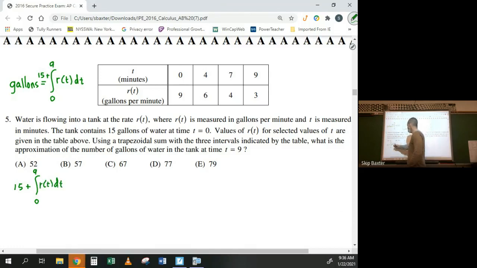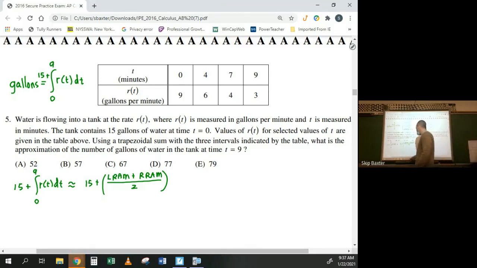But they're saying approximate that definite integral using a trapezoidal sum. So this is going to be approximately equal to 15 plus LRAM plus RRAM divided by 2. Right?